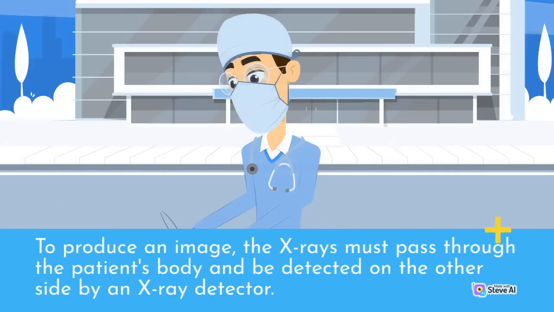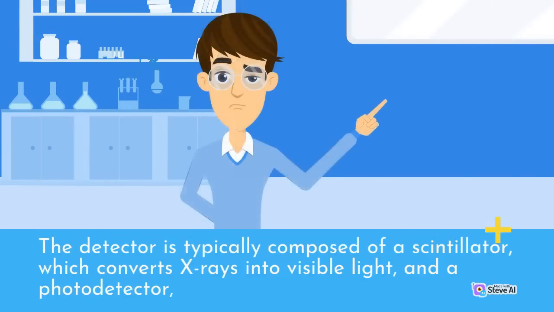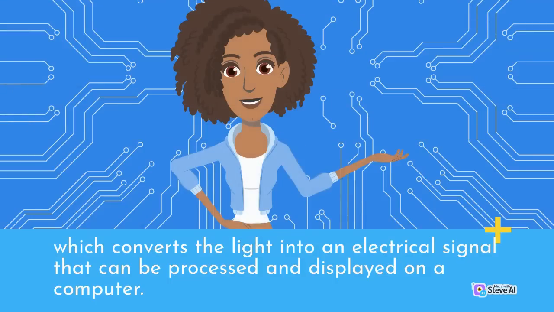To produce an image, the X-rays must pass through the patient's body and be detected on the other side by an X-ray detector. The detector is typically composed of a scintillator, which converts X-rays into visible light, and a photodetector, which converts the light into an electrical signal that can be processed and displayed on a computer.